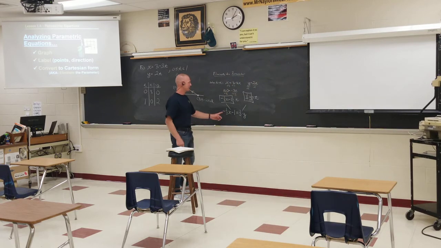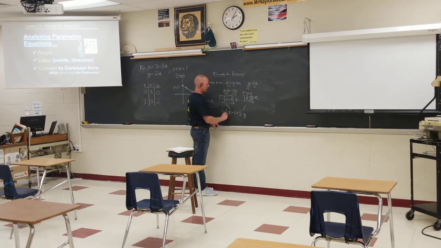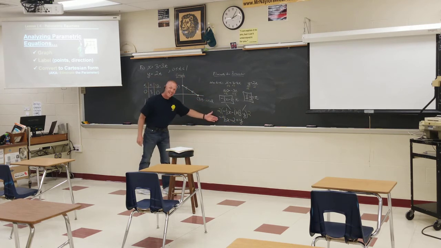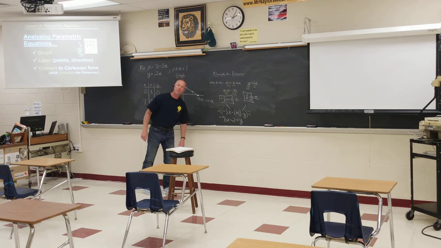In other words, I need to solve this for y. Now to solve it for y means I'm going to multiply everything by 2, right? And if you multiply both sides by 2, you get negative 2/3 x minus 2 equals y. No more t. That means we eliminated the parameter.